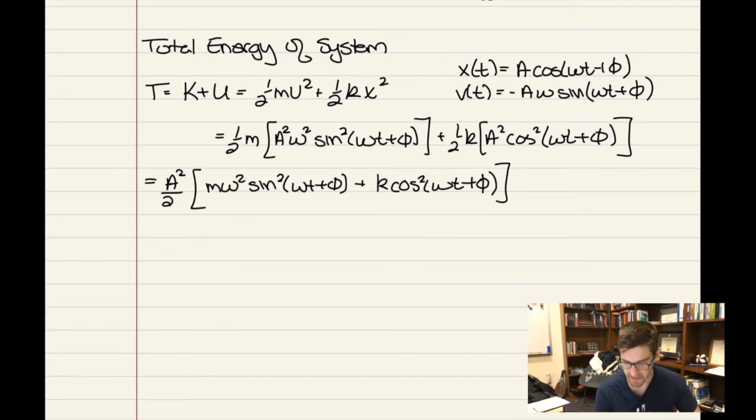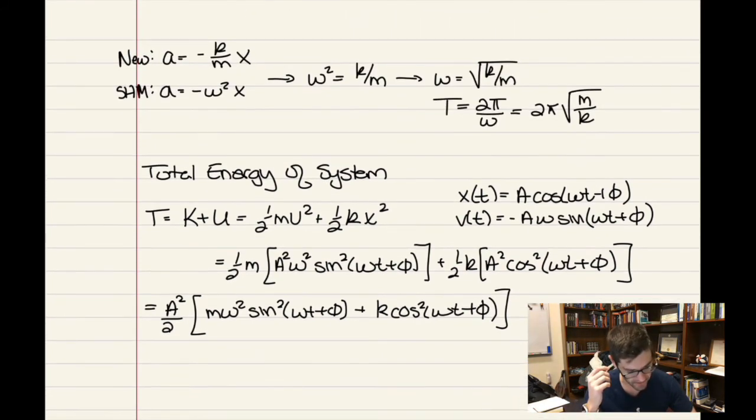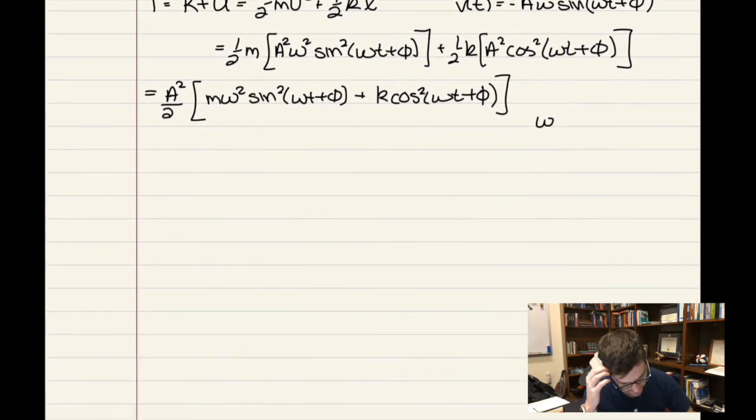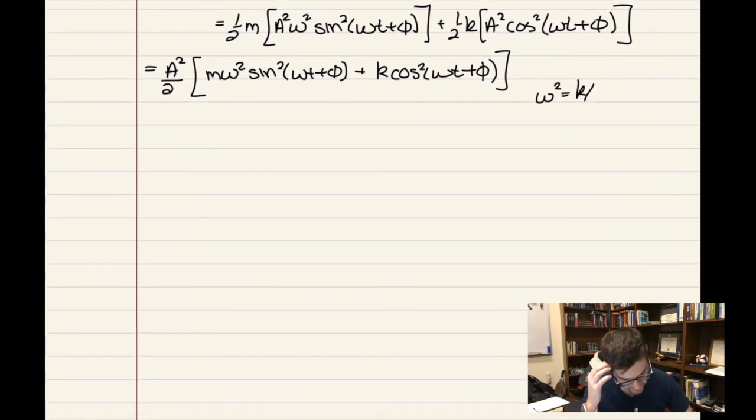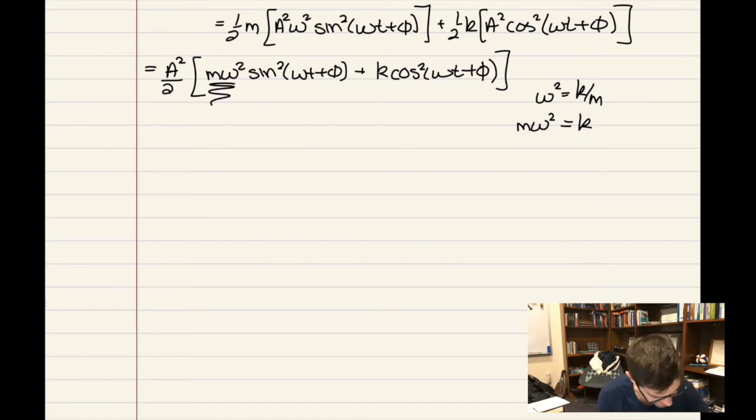The connection to be made is, if we recall, we said up above that omega squared was k over m for this case, or that m times omega squared is equal to k. That's convenient because we have m omega squared right here, so we would replace that with k.